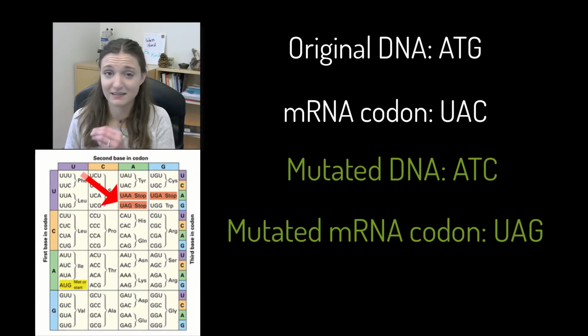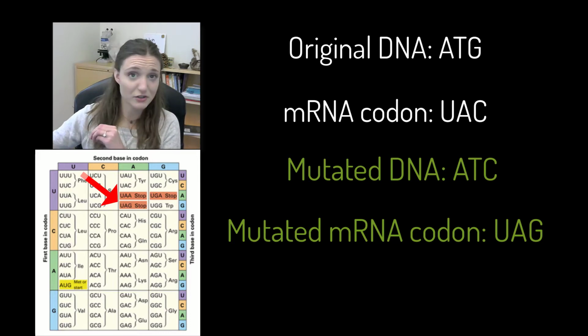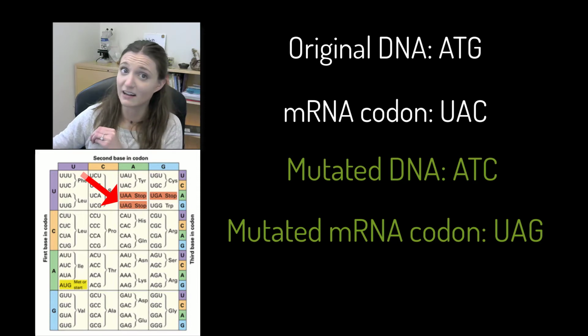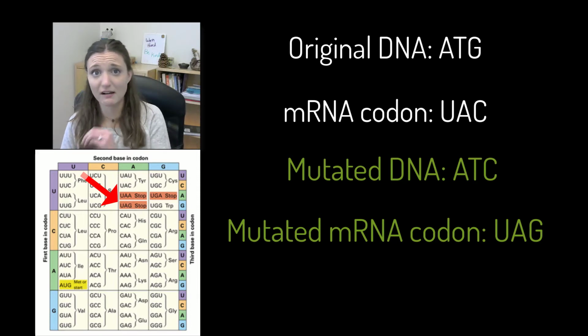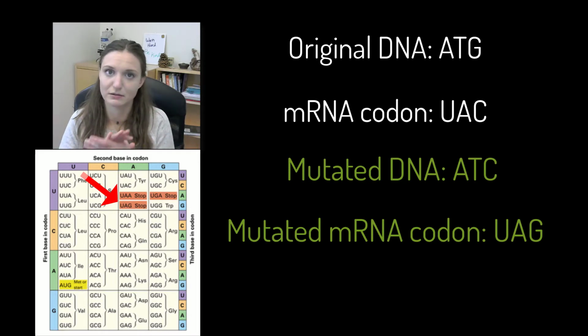That polypeptide chain would stop at that point. Even if there's more information, more amino acids that should be added on, the ribosome doesn't know that. All it sees is a stop codon. So that polypeptide chain ends right there.